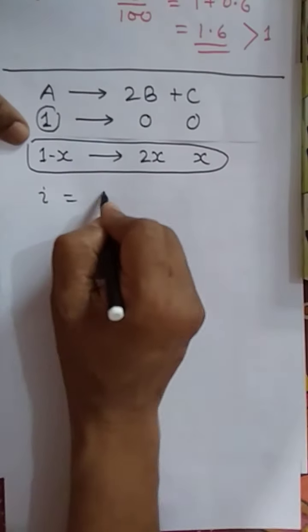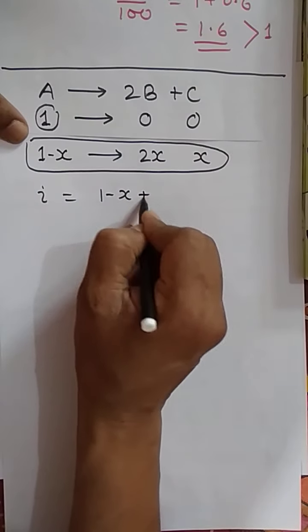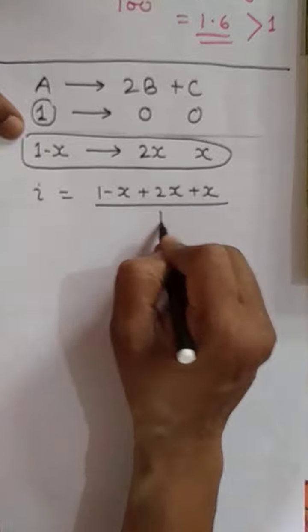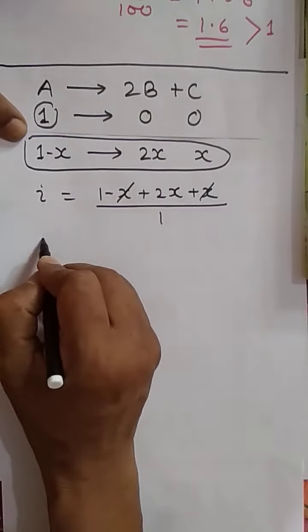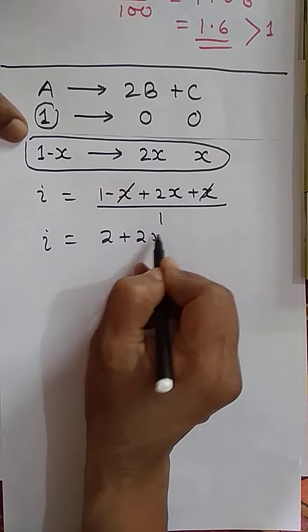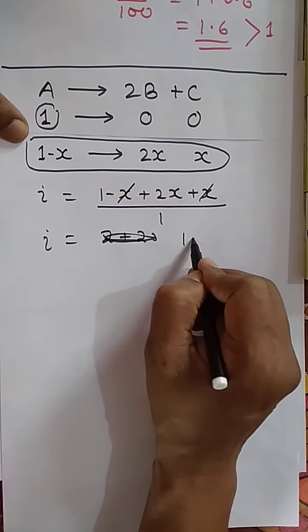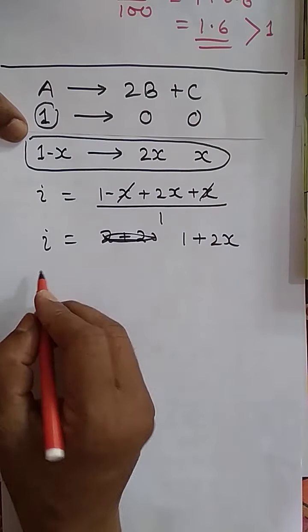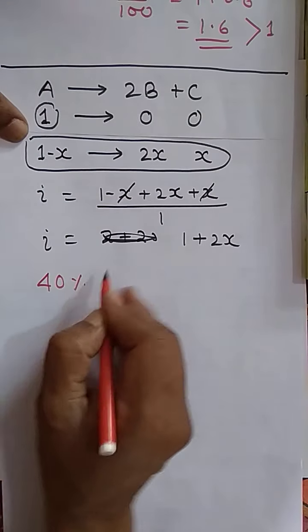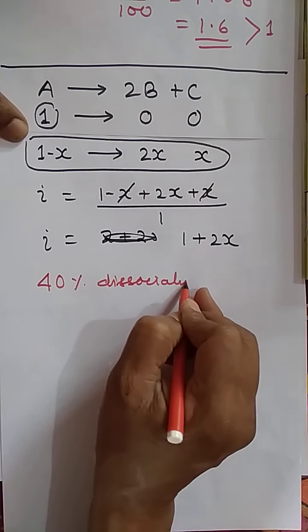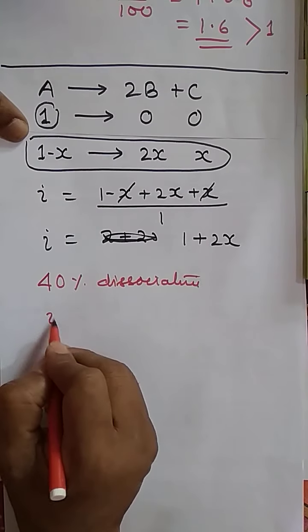So the value of I equals 1 minus X plus 2X plus X upon 1, and it cancels. I is equal to 1 plus 2X. If in the question it is written 40% dissociation, then what is the value of I?